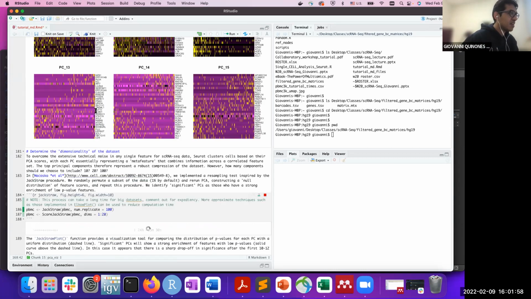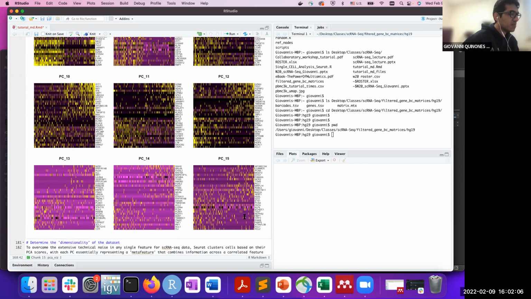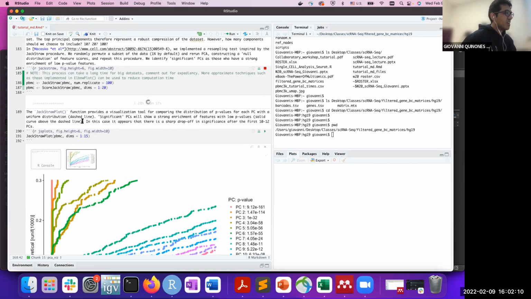So PCs that are more similar to PC14, PC15, PCs that don't really contain much information within them. So jackstraw is generating all these random PCs and is going to use them as background, so that when we compare PC1, for example, to this background, we can quantify how much more meaningful PC1 is compared to random expectation.